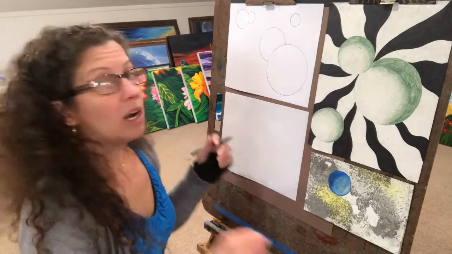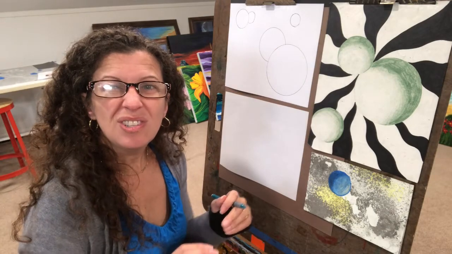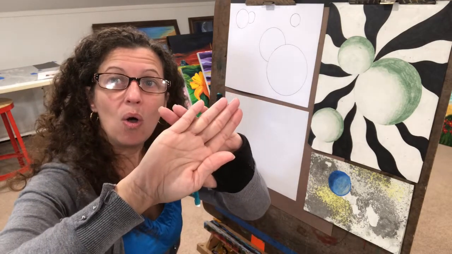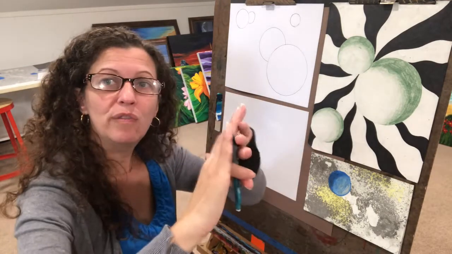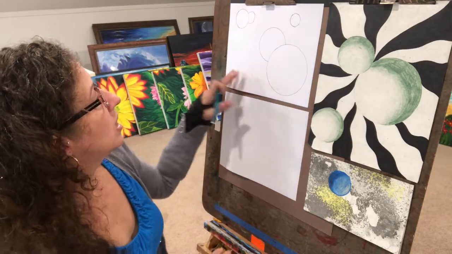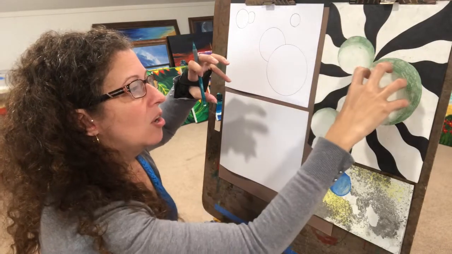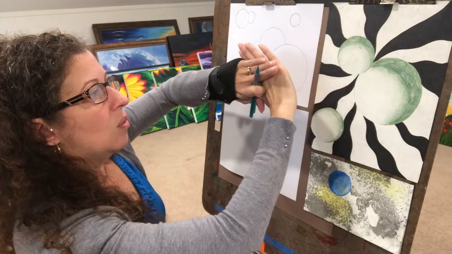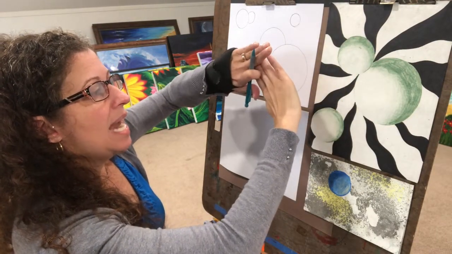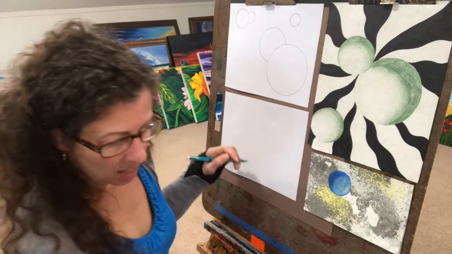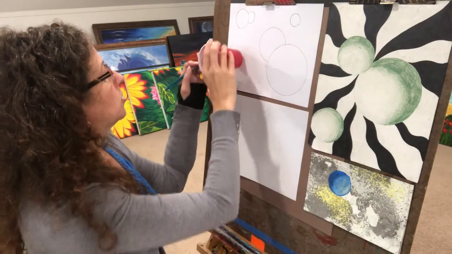And we are doing what, boys and girls, with our circles? Overlapping. Very good. We are overlapping our circles. And that gives us the illusion that they're in front of one another and hiding a piece of the other. And maybe I want one more circle.